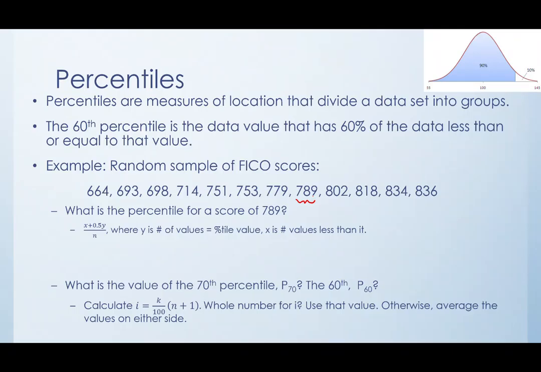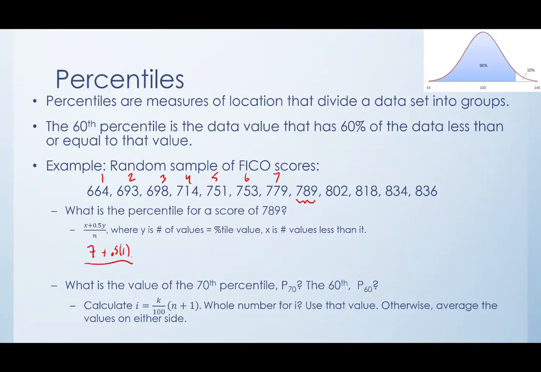So what's the percentile for the score of 789? What we're going to do is count the number of data values that are less than that number. So 1, 2, 3, 4, 5, 6, 7. That's going to be X, so 7. And 789 is not repeated, so that's going to be Y, the number of values equal to the value we're looking at. So 0.5 times 1.